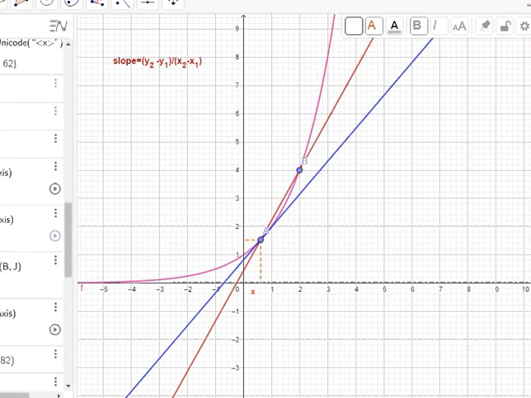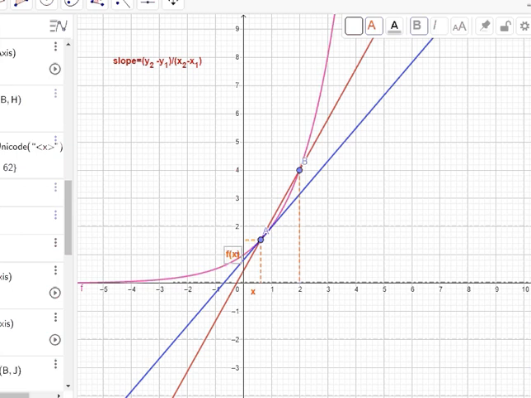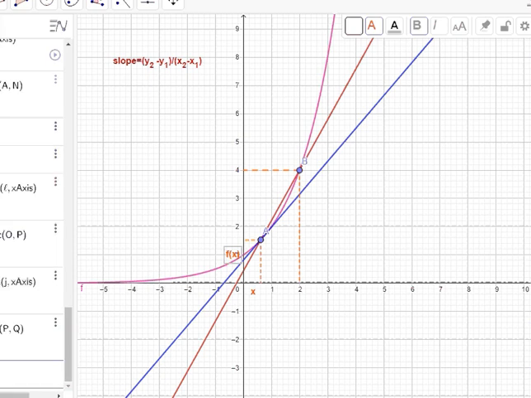So x here and f of x for the y value of A. Similarly for point B, this is the x value of point B, and this is the y value of point B. I will highlight this x distance here in pink. I will call this part h.